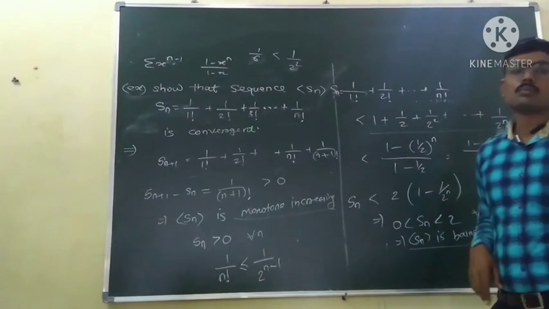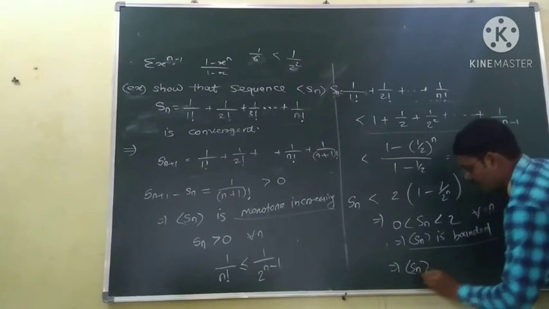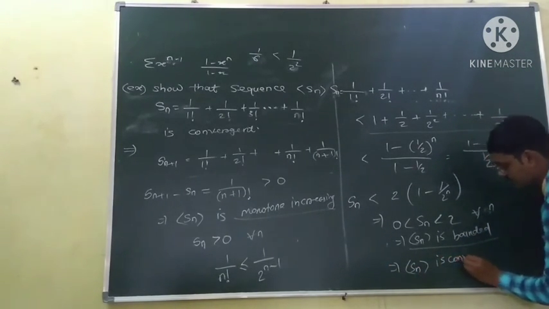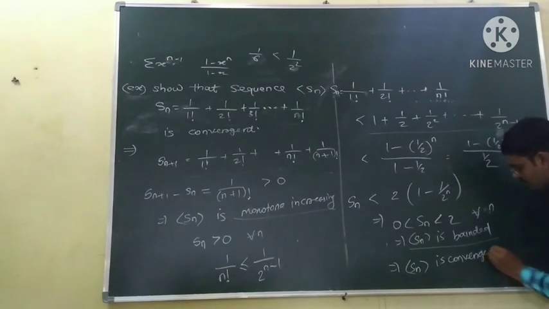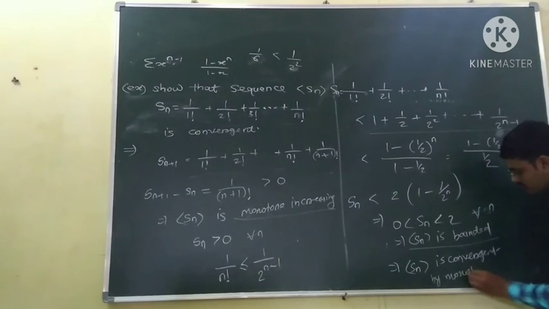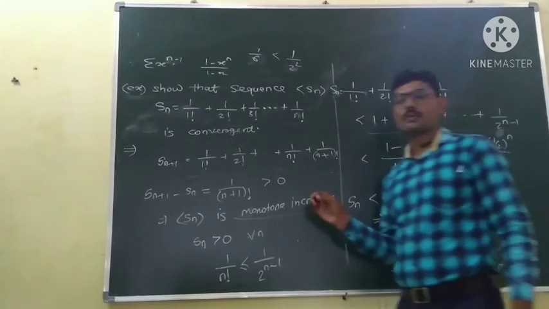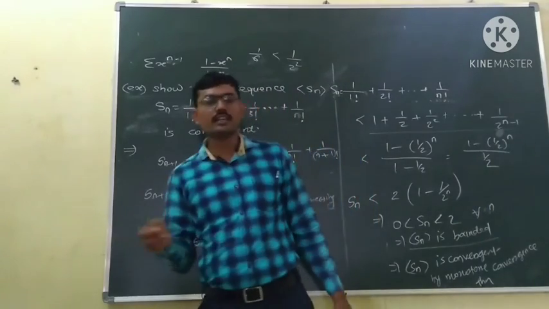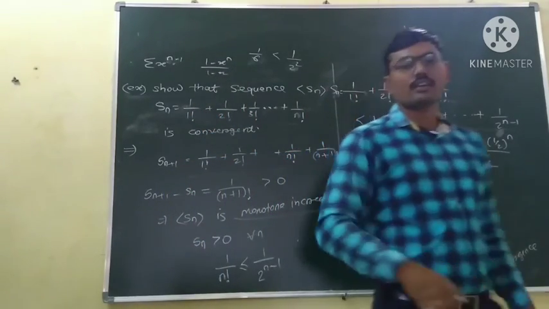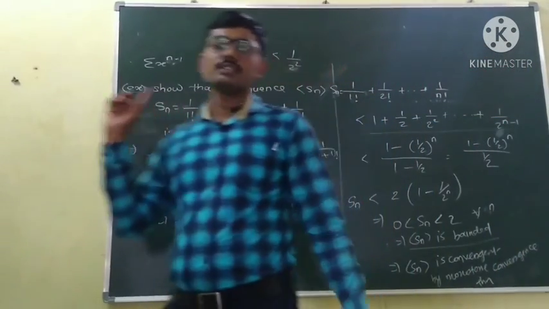So by the monotone convergence theorem, the sequence Sn is convergent. This sequence is monotone increasing and bounded, so by the monotone convergence theorem, this sequence is convergent.